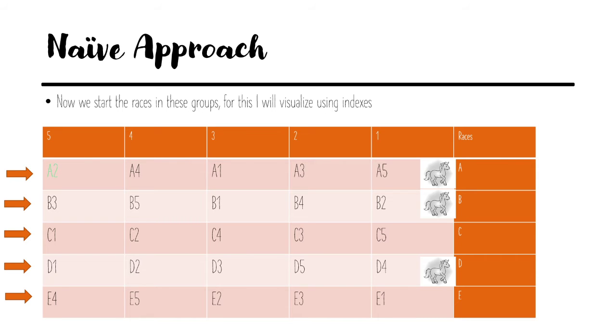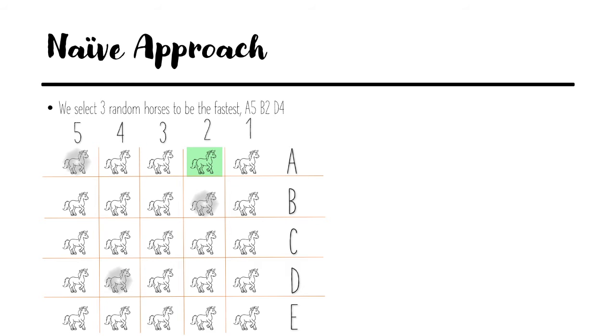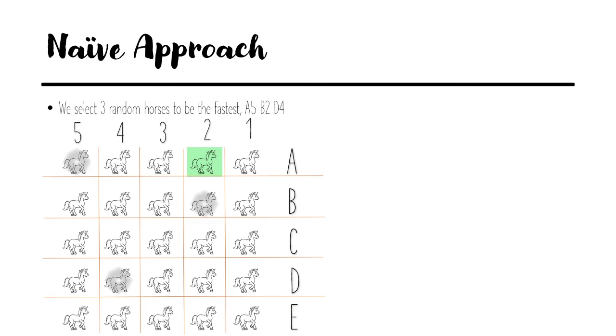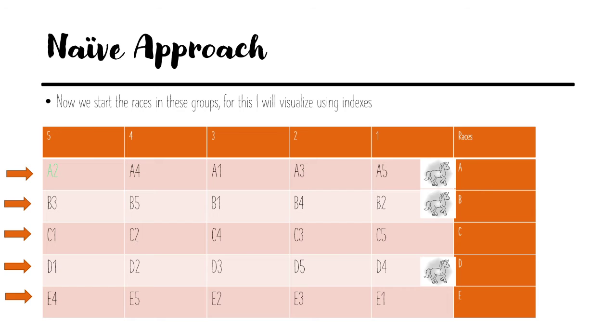So I want to first point your focus to A2. A2 is standing on the second spot in the A row, and we let it race, but it ends up as the last horse. So it ends in position A5, but it's actually the A2 horse in this division. That's very important to understand that difference.